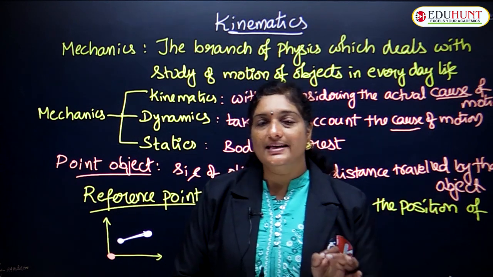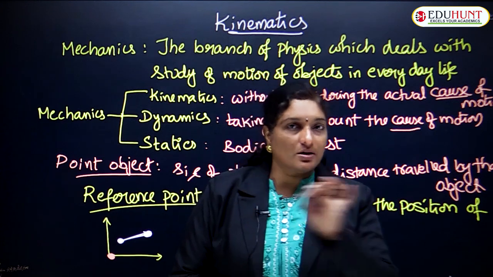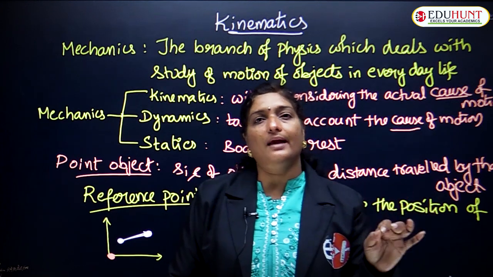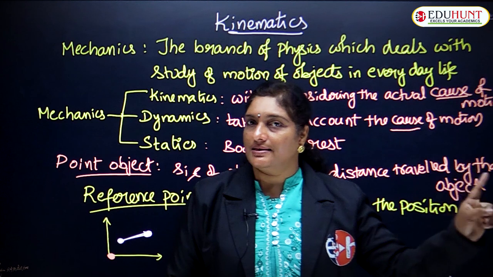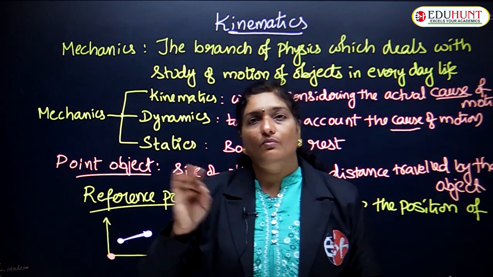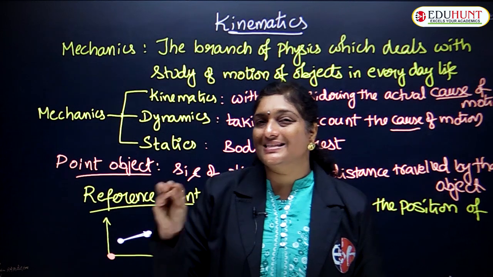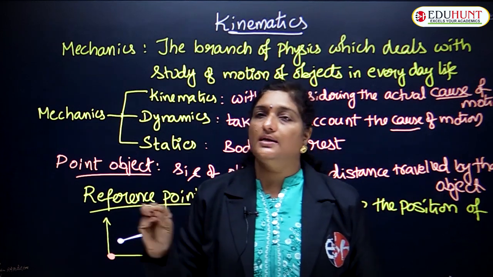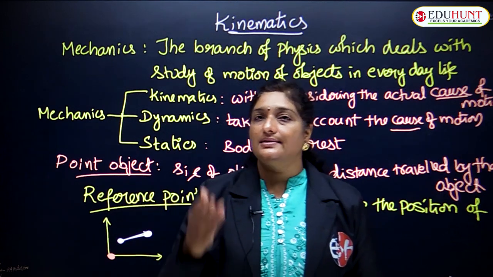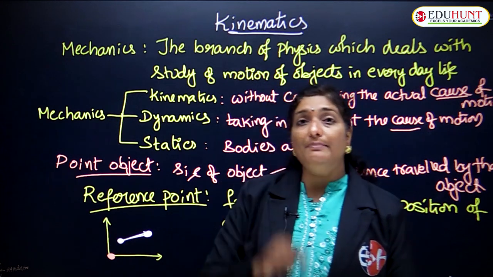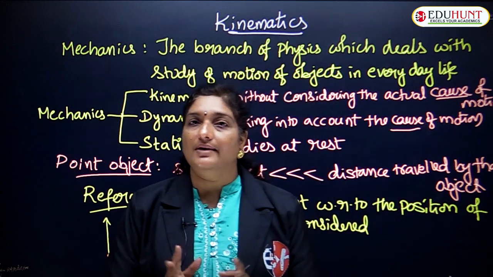So what is rest? If the position of an object does not change with respect to surroundings and time, it is termed rest condition. Whereas whenever the position of an object changes with respect to surroundings and time, we say that the body is in motion. And remember that rest and motion are relative.